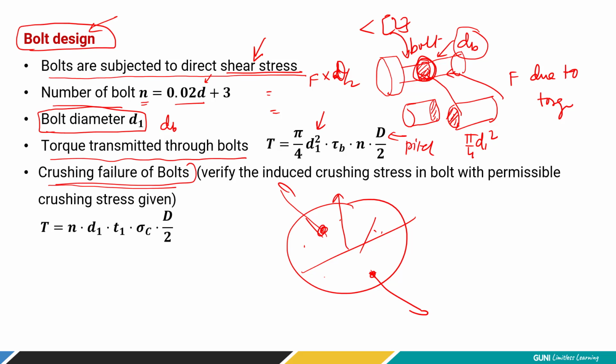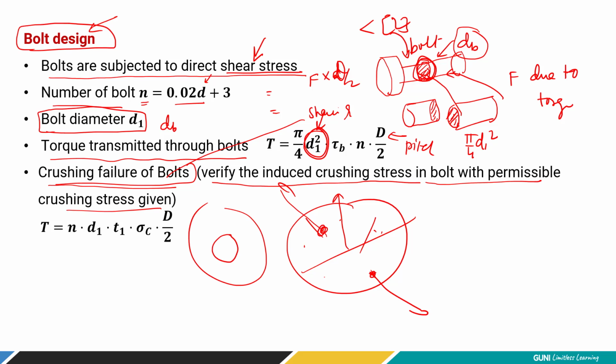So we need to verify that the diameter of the bolt found out in shear failure is equally safe in crushing failure. So here we verify the induced crushing stress in the bolt with the permissible crushing stress given. Now what is the equation? Let me draw. This is, let's say, the flange hole in which we are going to fix the bolt.